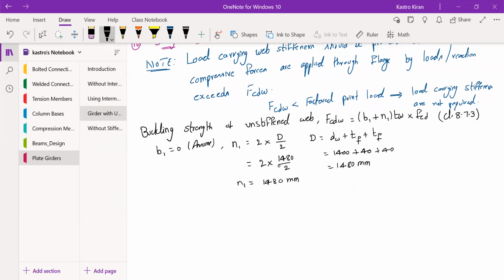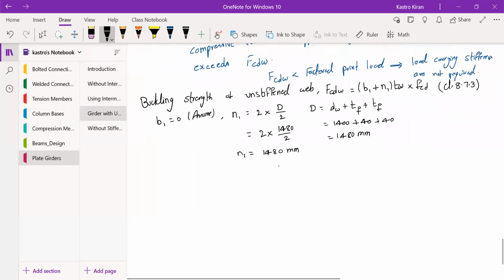Suppose, just assume in this way, this formula N1 equals 2 into D by 2 is used, that is 2 times D by 2, when the load is getting dispersed at a 45-degree angle.